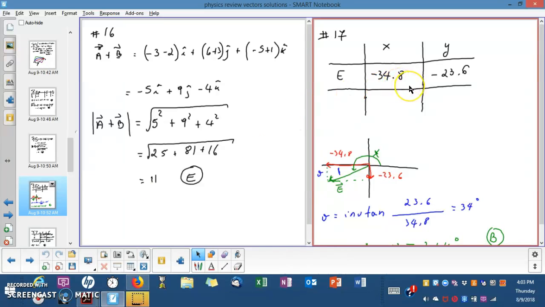they are giving you the components of vector E, and they want to know the angle. And they say again from the x-axis to the vector. So I used the usual little theta, doing the rise over run, and I calculate this theta as 34 degrees, so I do the y over x.